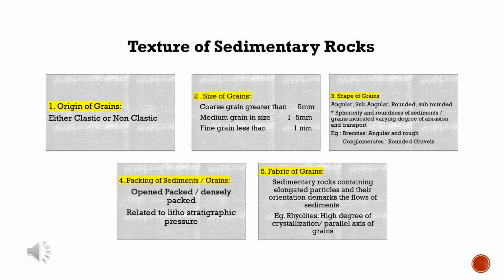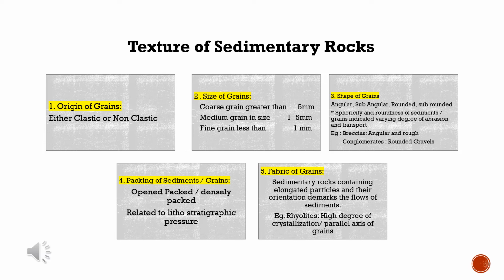Example, breccias, angular and rough, conglomerates, rounded gravels. Packing of sediments is graded, open packed or densely packed, related to stratigraphic pressure.